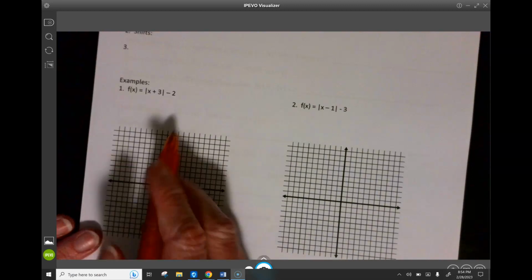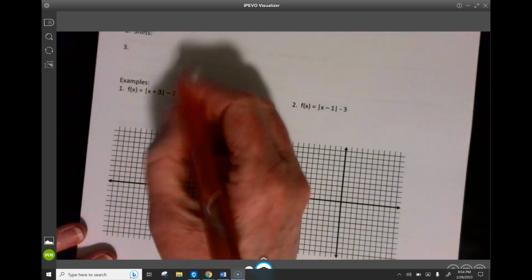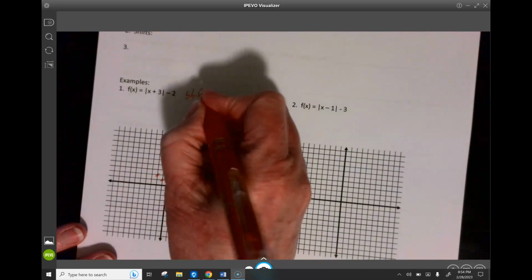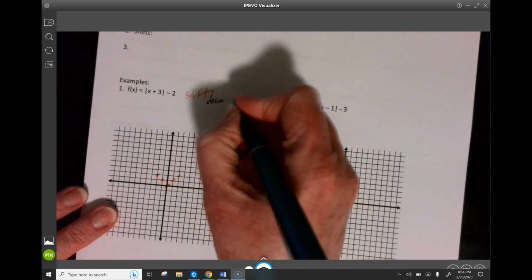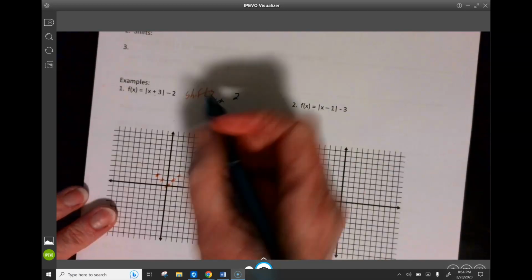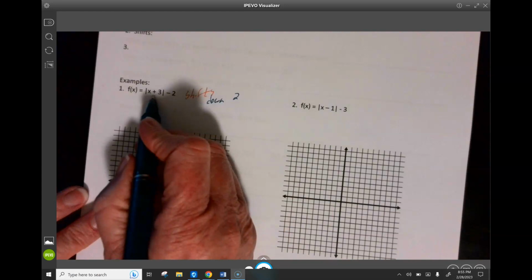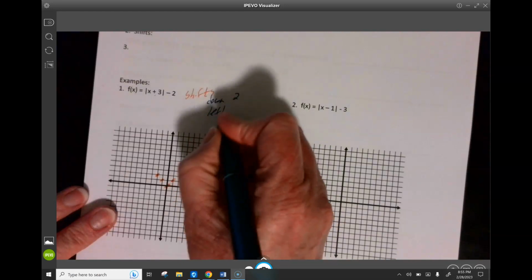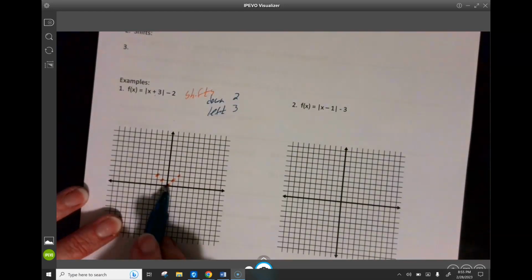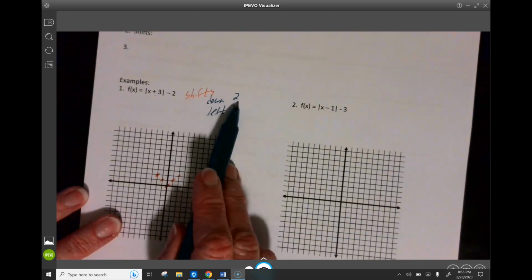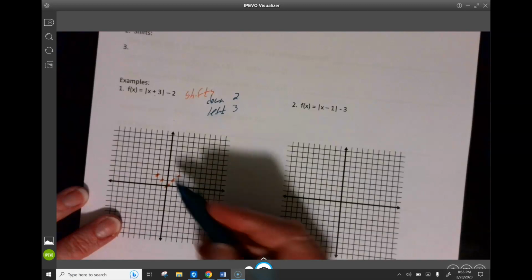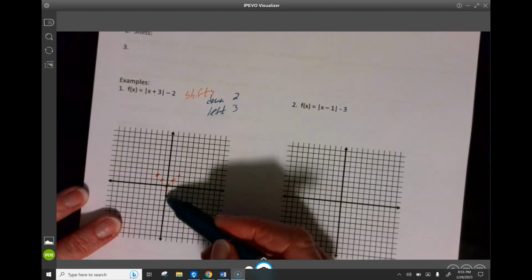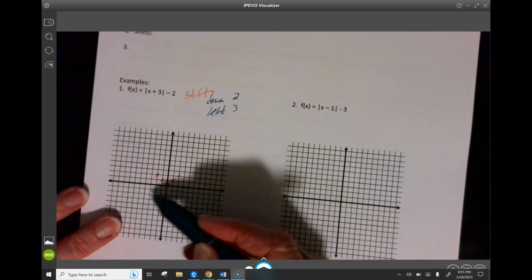Now I'm going to say what my shifts are. Well, this one tells me that I'm going to shift down 2, and I go left, because it looks like I should go right. I'm going to go left 3. So I'm going to take each one of those points and go down 2 and left 3. So each point goes down 2, 1, 2, and left 3, 1, 2, 3.